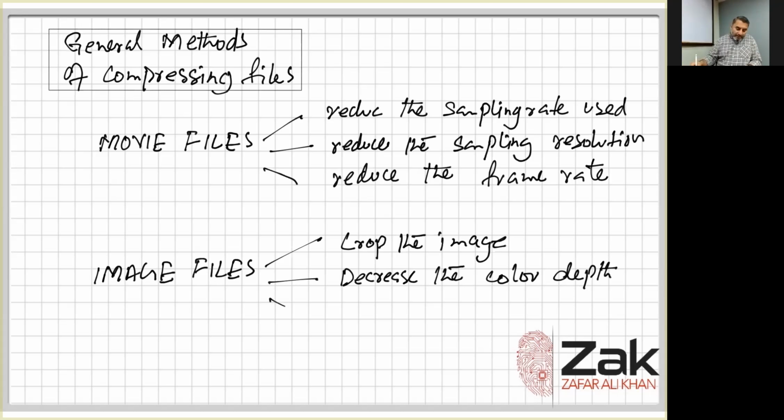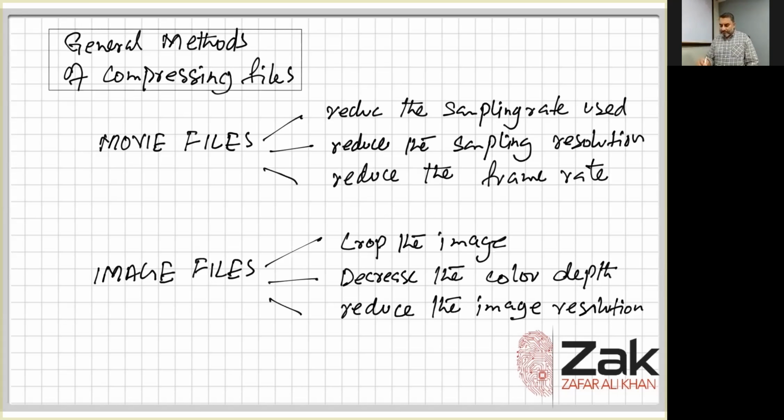And thirdly, reduce the image resolution. So instead of going for lossy compression, we can employ these few things to reduce the size of files. Whereas in lossless, we can always bring the thing back.